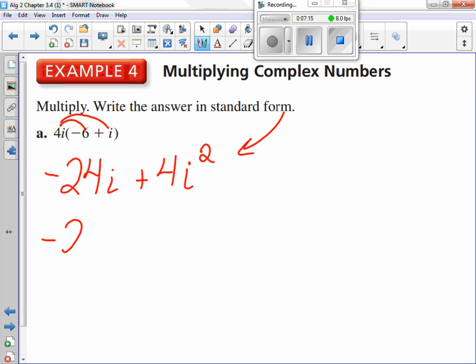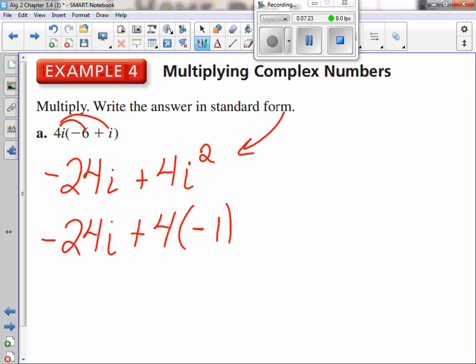Now what is i squared? i squared is negative 1. Out of most of these powers of i, I wouldn't worry about memorizing what i cubed is or i to the 4th or any other power.